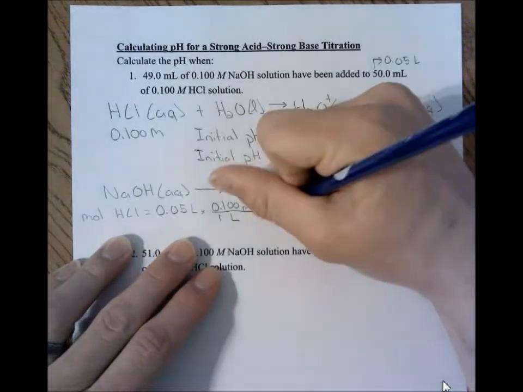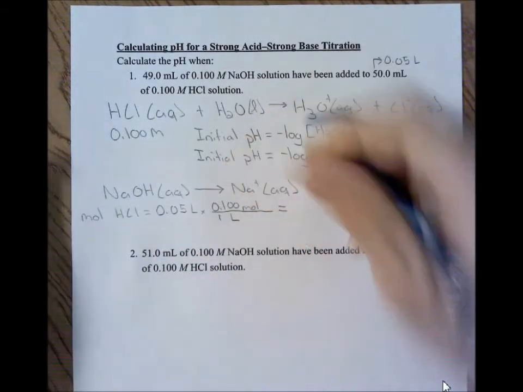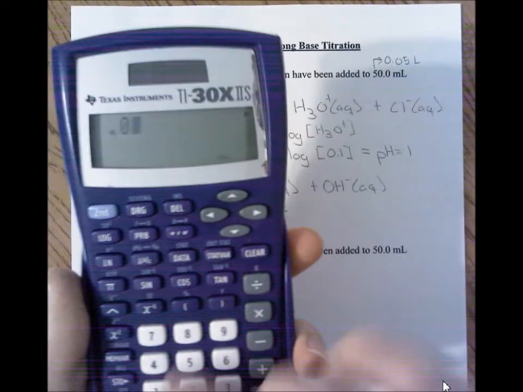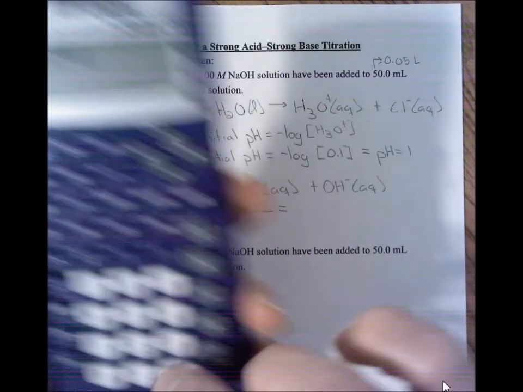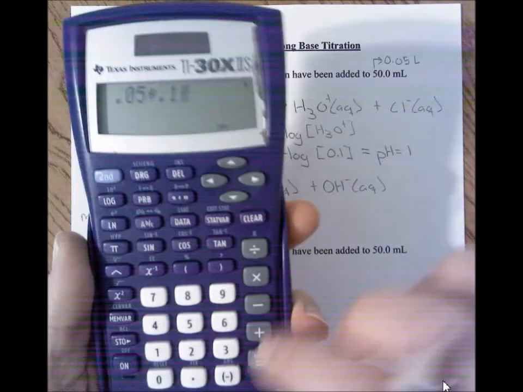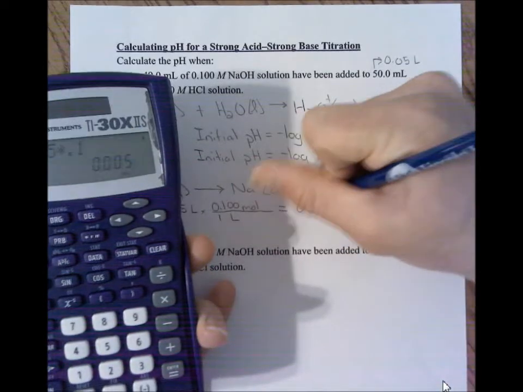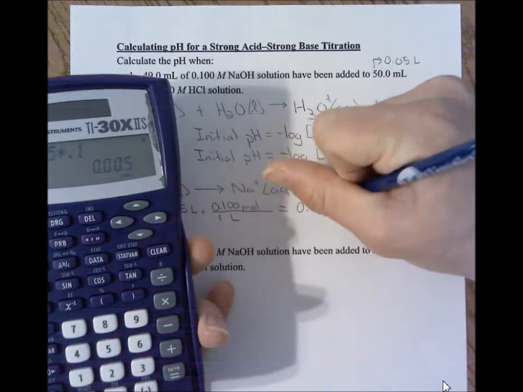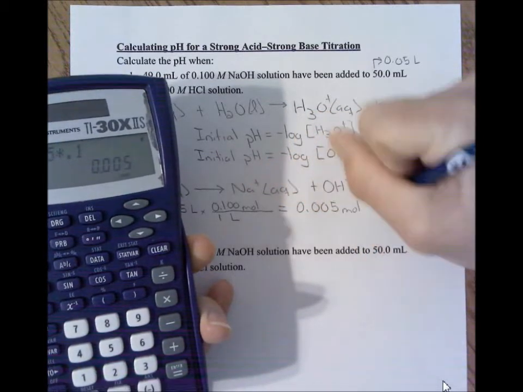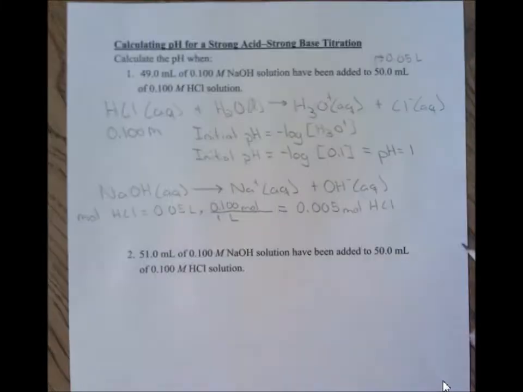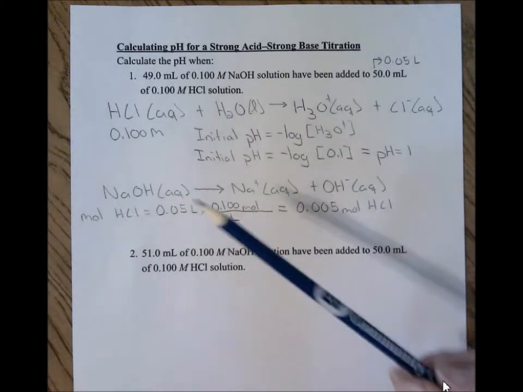And now if we take 0.05 times our molarity, which is 0.1, we get a value of 0.005 moles of HCl.